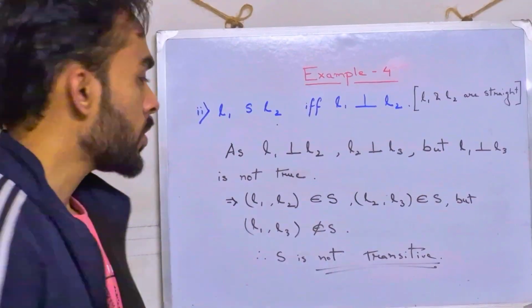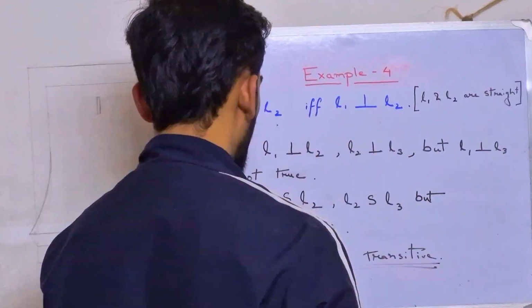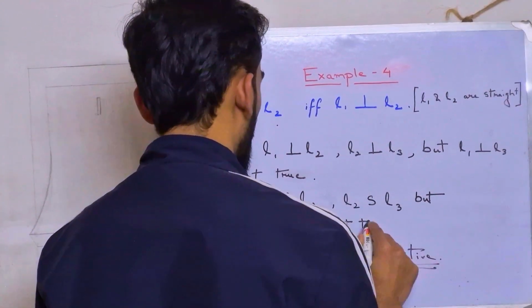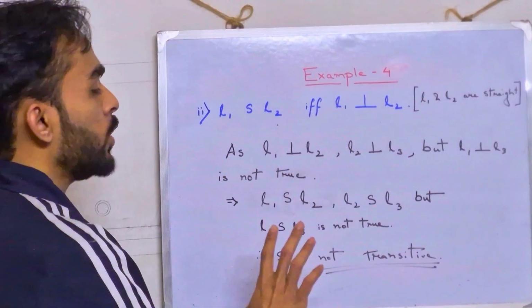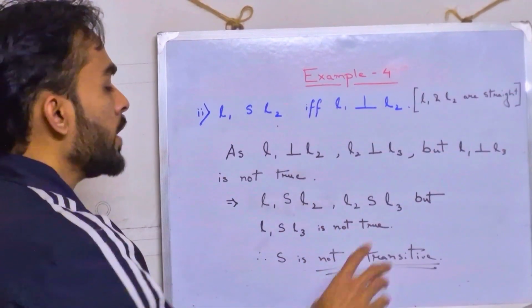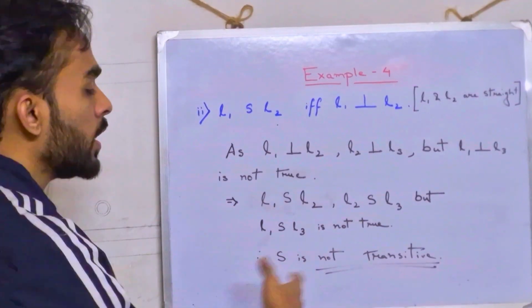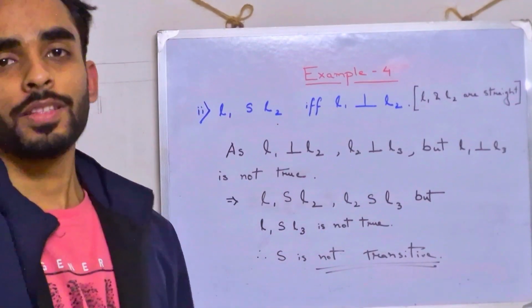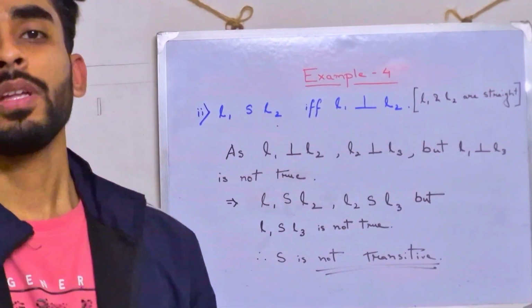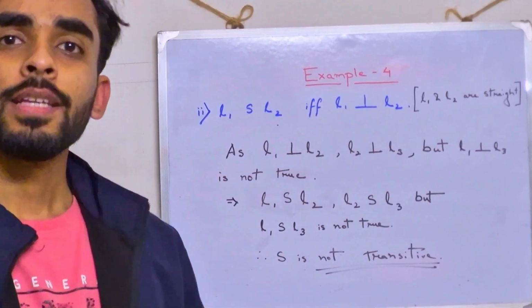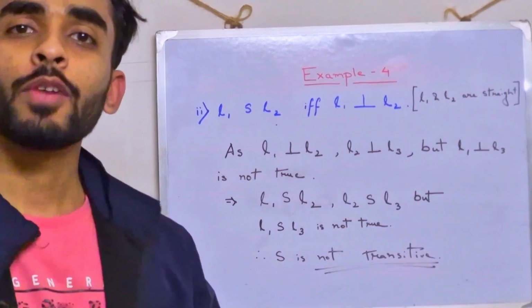Now shorten it. After shortening, it looks like this: L1 perpendicular to L2, L2 perpendicular to L3, but L1 perpendicular to L3 is not true, therefore S is not transitive. This is short but confusing. The previous one was longer but very easy to understand. Guys, these questions are simple but they teach you the language of sets.